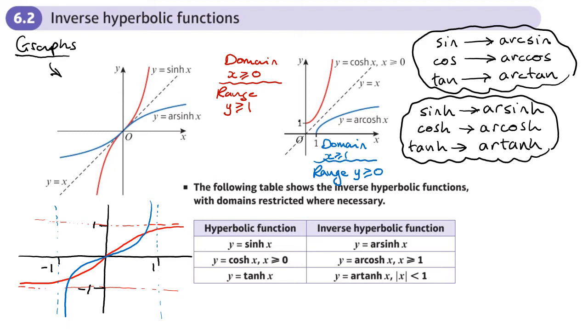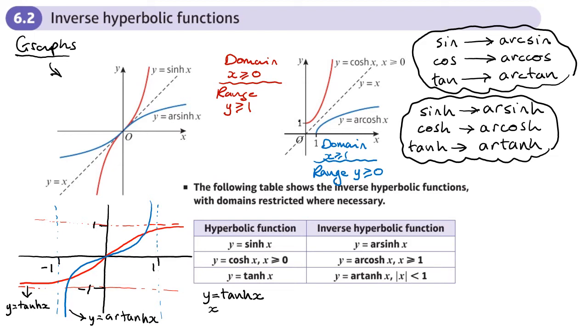Okay, so the red one, that's our y equals tanh, and the blue one here is our y equals artanh. Now, if we look at the graph of y equals tanh, then what we find is that it never goes above 1 and it never goes below -1.